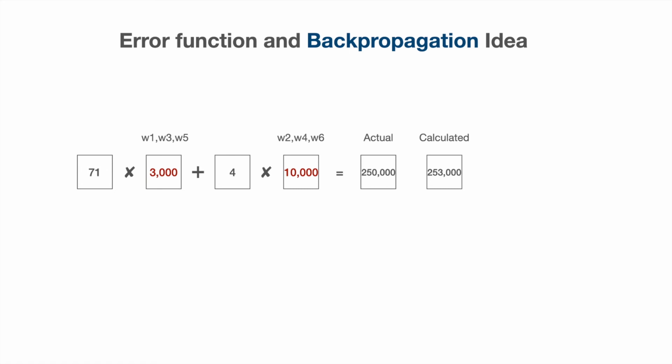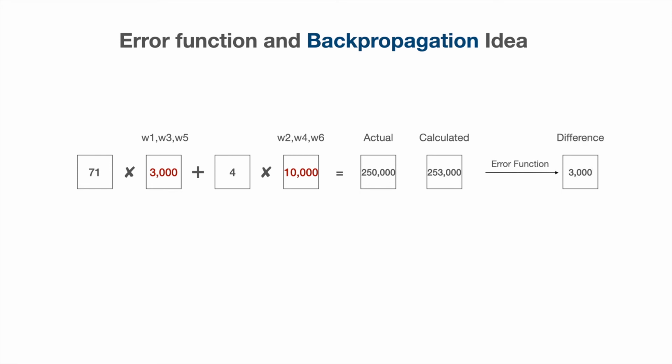For that, we'll take the help of a function called the error function. All it does is calculate the difference between the calculated value and the actual value. There are many types of error functions being used with variations of this logic, but the whole idea is to capture the difference between the actual and the predicted values. In our case, the difference is 3000.